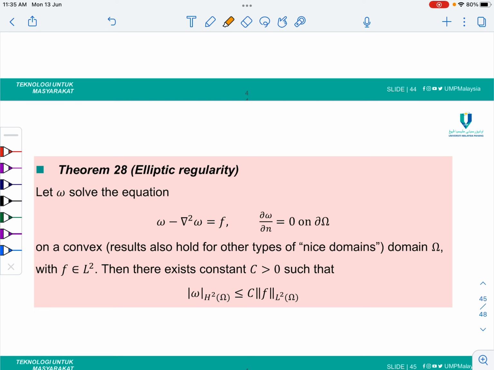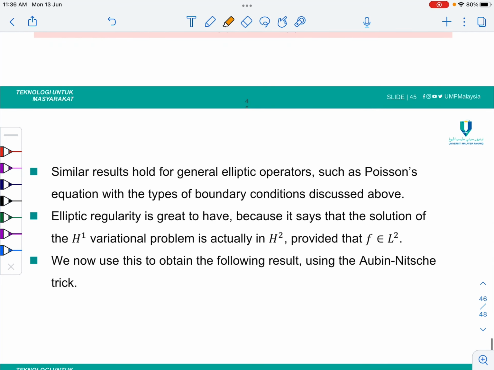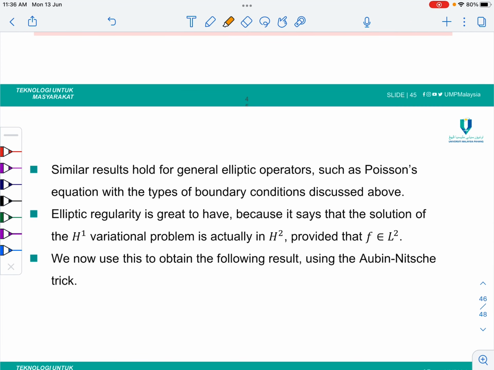On a convex domain omega with f in L2, there exists a constant C greater than 0 such that the semi-H2 norm of w is bounded by C times the L2 norm of f. Similar results hold for general elliptic operators such as Poisson's equation with the types of boundary conditions discussed above.